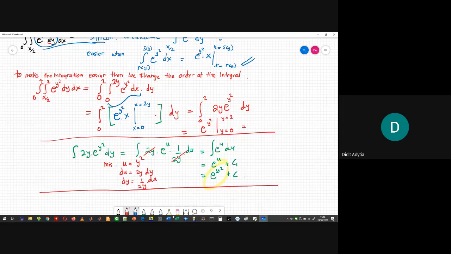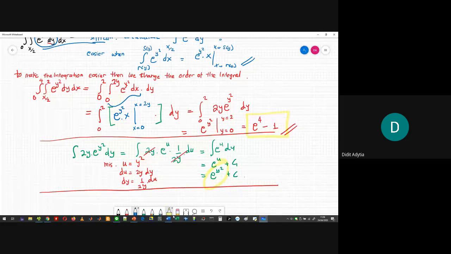And then we have e to the power of, berapa ini? Y square is 4. This is minus 1. Okay. E pangkat 0 berapa? 1. Berarti, so, the result is this one.